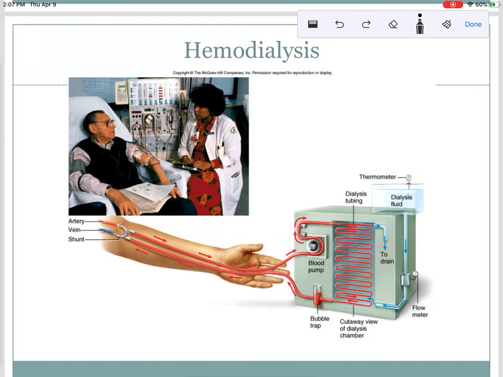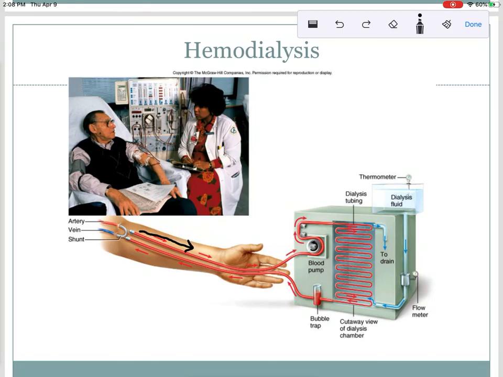They'll have an IV put in, and basically blood is taken out of that person, and presumably because their kidneys have not been working, their own blood has a lot of waste built up in it.